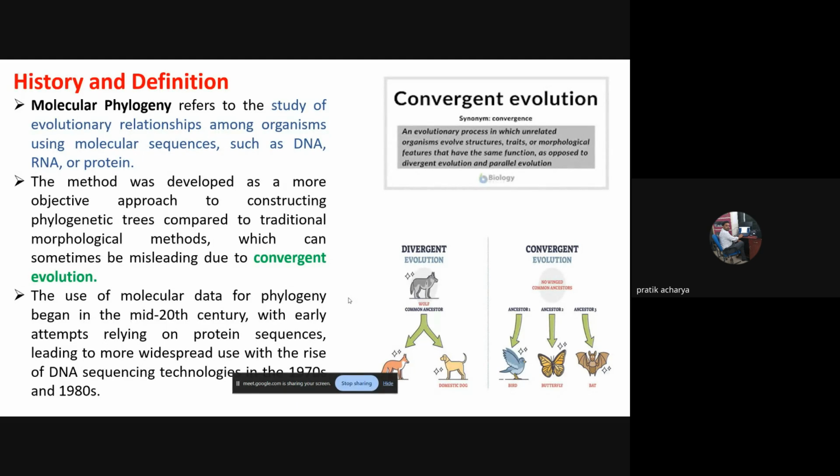So first we'll discuss molecular phylogeny. What it refers to is the study of evolutionary relationships among organisms using molecular sequences such as DNA, RNA, or protein.